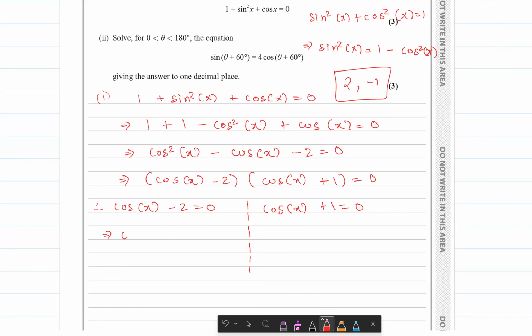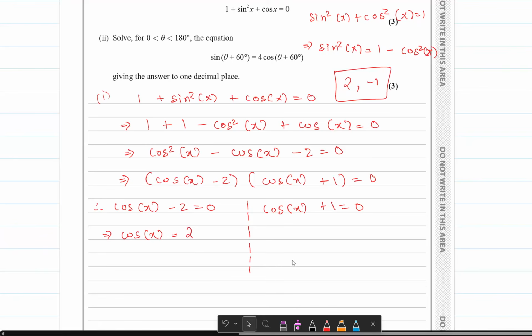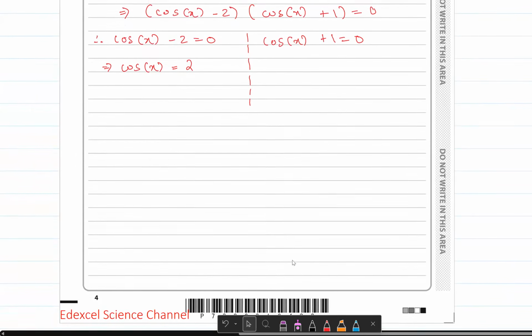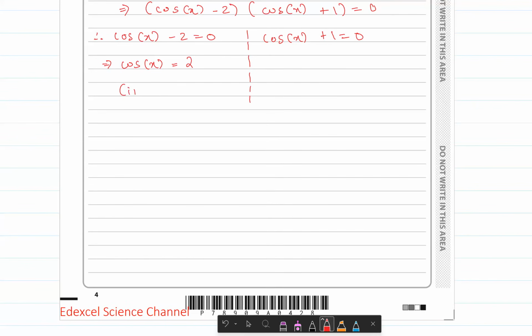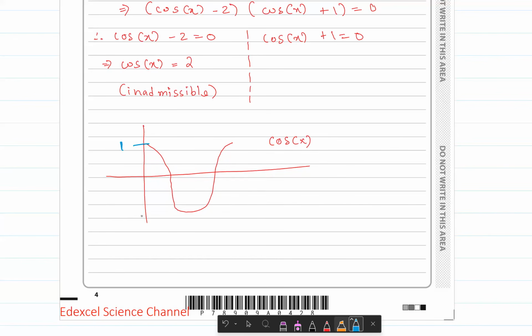So on the left hand side, I get cos x equals 2. But the thing is that this is inadmissible. The reason being, if you look at a cos x graph, the maximum value of cos x is 1, and the minimum value of cos x is negative 1.